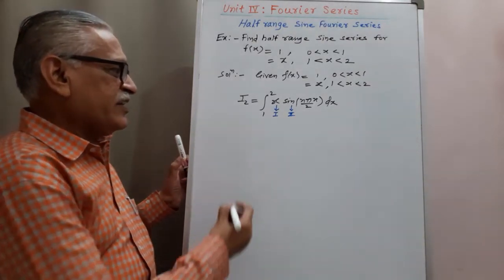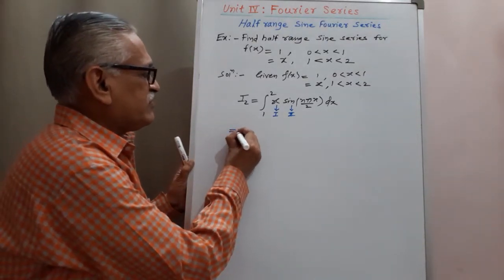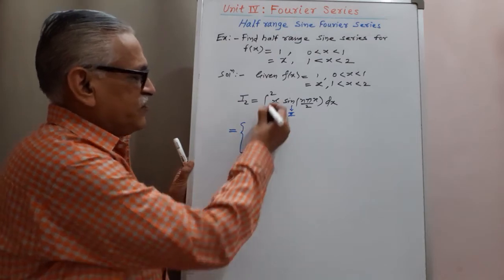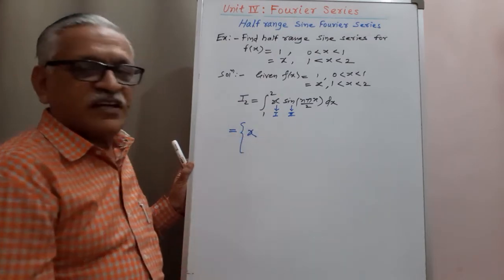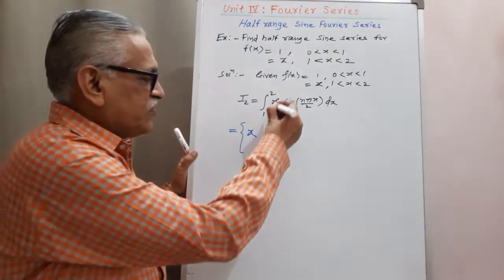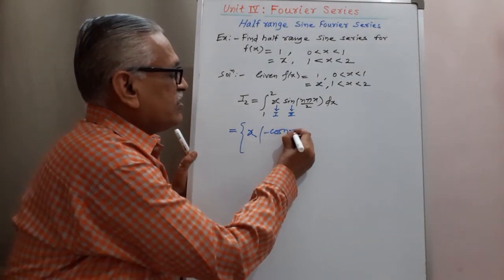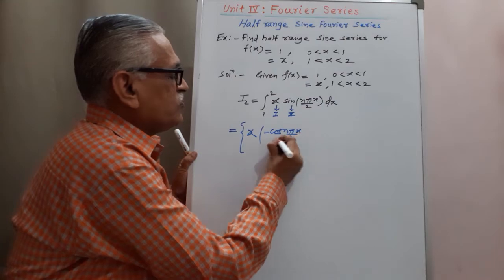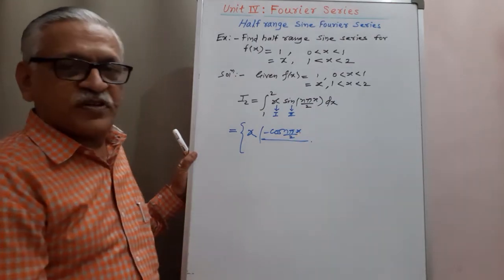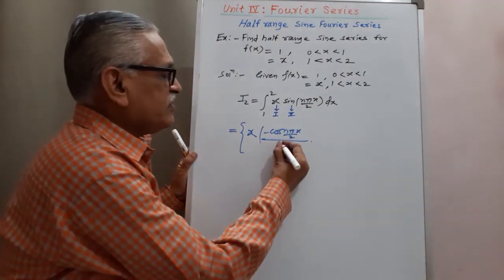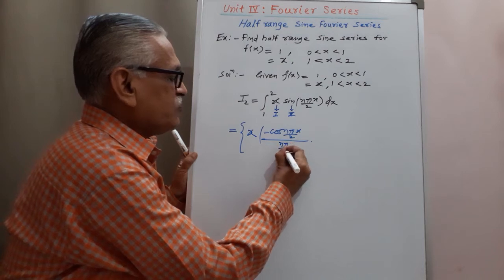Then integrating by generalized parts, we get the first term as it is, times the integration of sine, which is minus cos of n pi x by 2 divided by the coefficient of x. The coefficient of x here is n pi by 2.